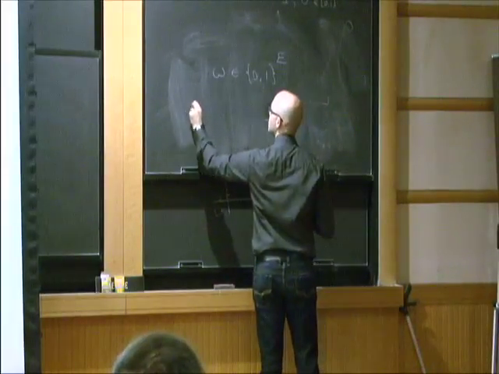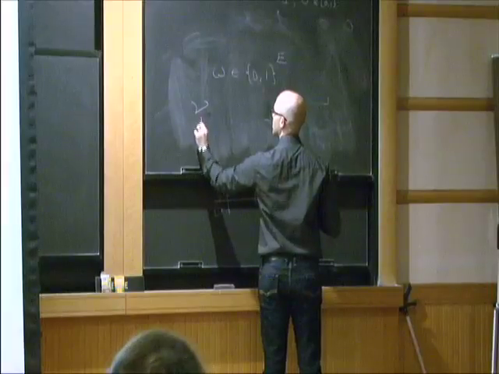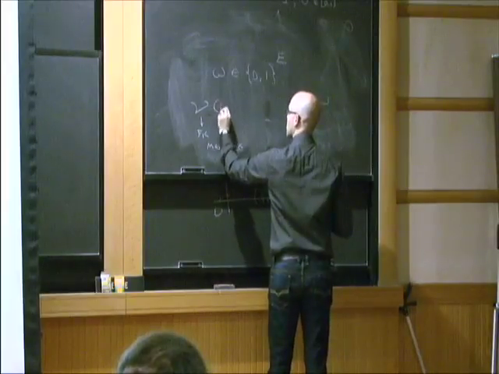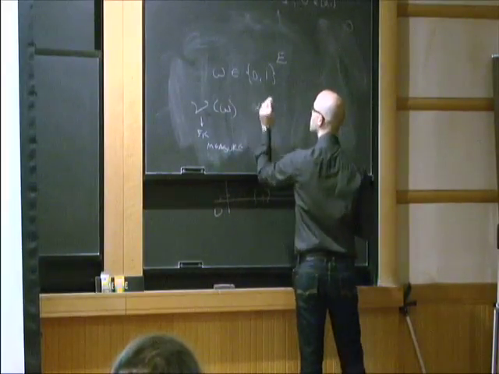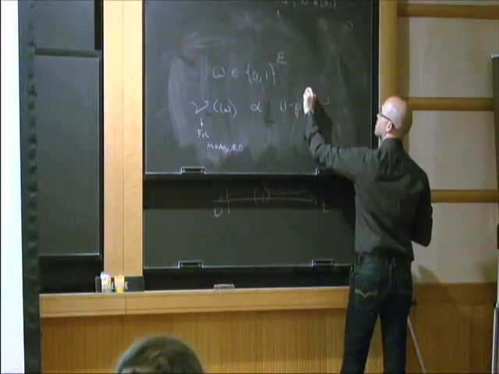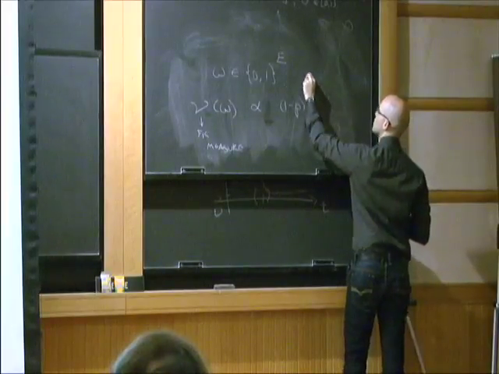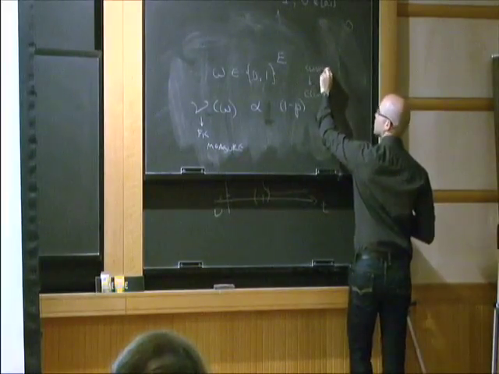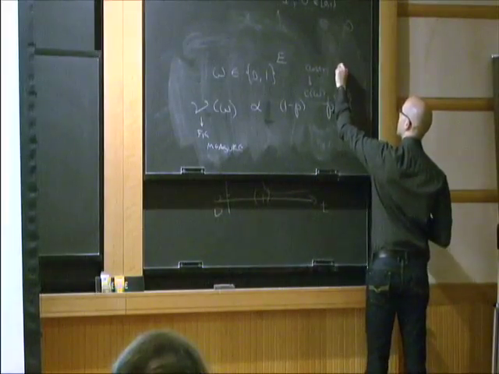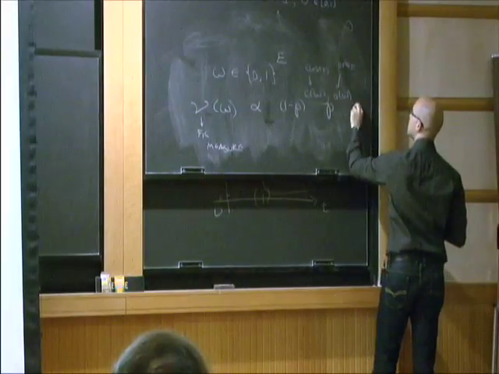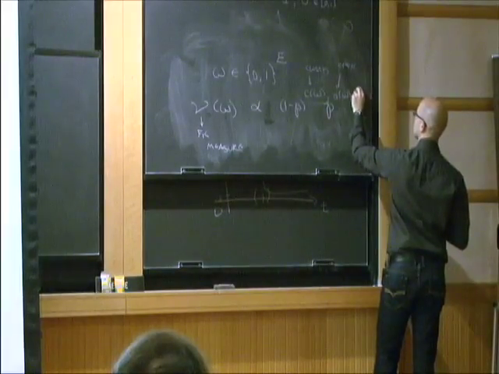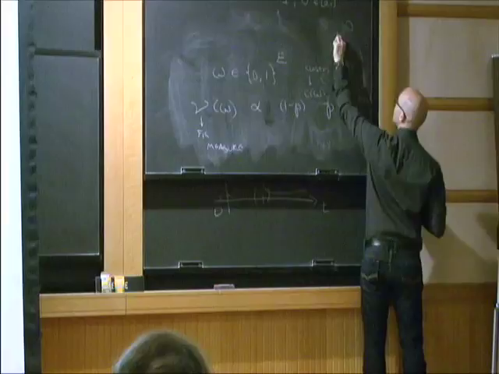And the probability, let's call it nu, this is the FK measure, of omega is proportional to (1 minus p) to the number of closed edges, p to the number of open edges, and q to something denoted by kappa of omega, the number of components.